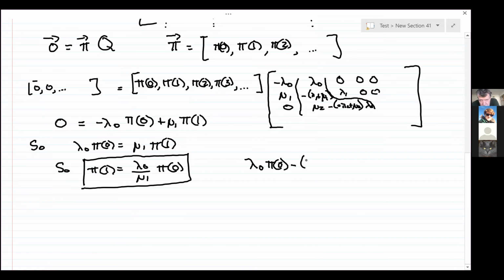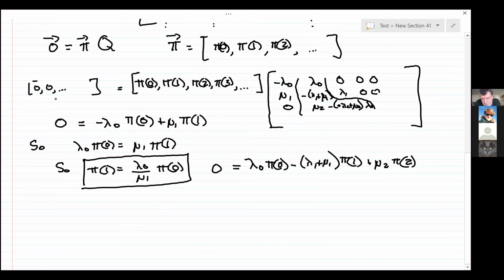So that's minus lambda 1 plus mu1 times pi 1. And you will get pi 2 times mu2. That's pi 2 parentheses. And all of that is equal to 0 because over here everything is 0.